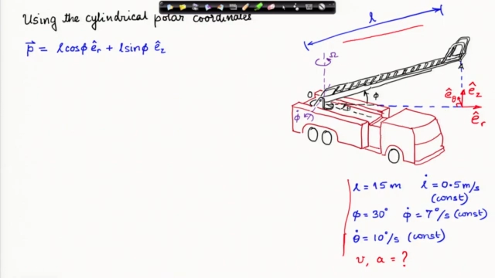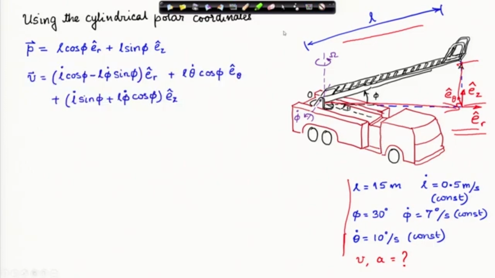Here I have shown the coordinate system. So, L cos phi, which is this projection, e_r plus L sin phi e_z. So, L sin phi is this length, times e_z, so that is the position vector.